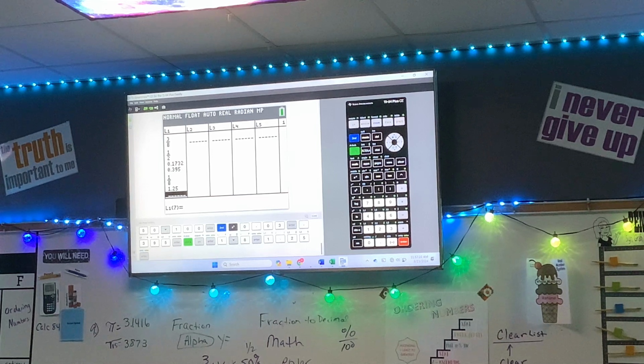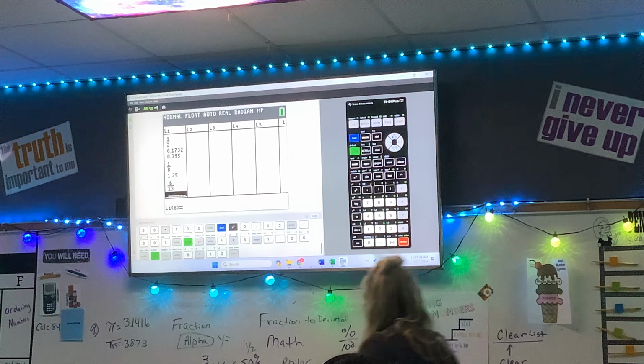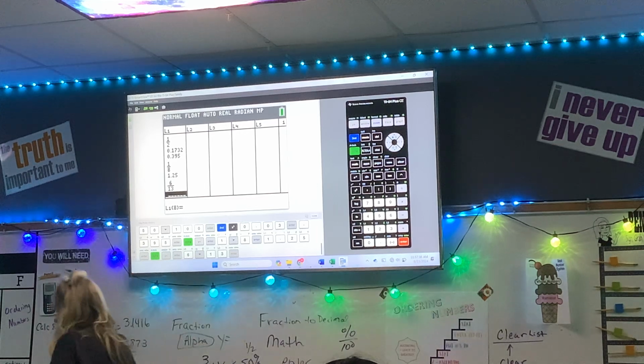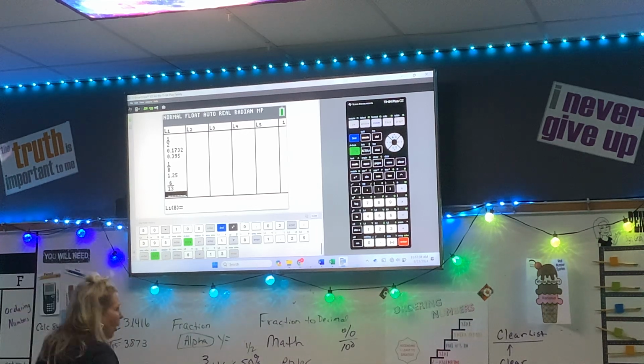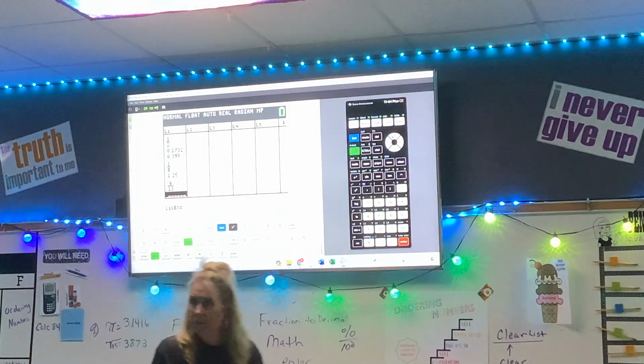A fraction. So I hit alpha y equal, enter. 6. Scroll down, 13. Hit enter. Stayed the same, so I had to show work on my 50% and my square root of 0.03.